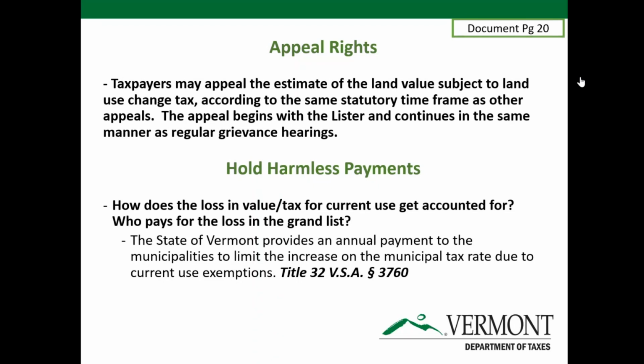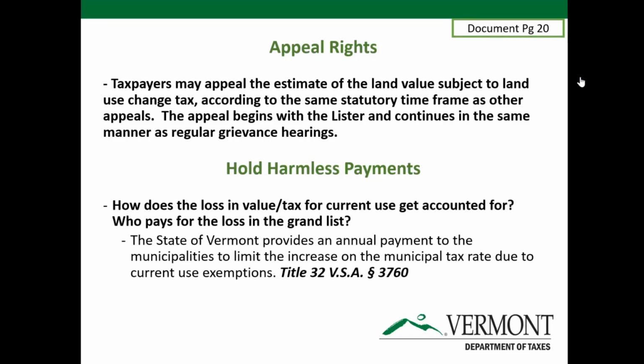Can you discuss how the members of the BCA will be educated on handling appeals of the current use from the listers? I think that's a loaded question. We would hope that our BCA takes it upon themselves to seek out the information. As far as BCA and appeal hearings in general, particularly around the time of reappraisal, PVR contracts with VLCT to co-sponsor education opportunities that go to those towns that are reappraising.